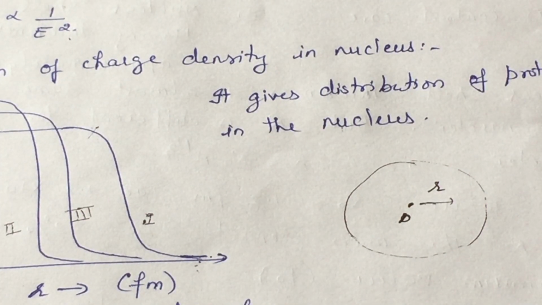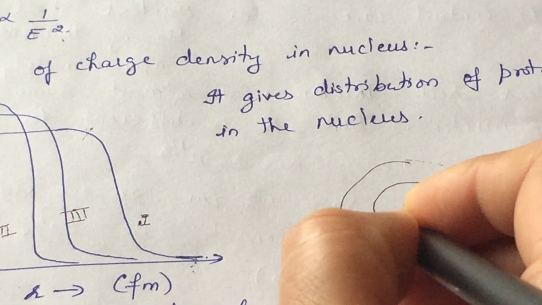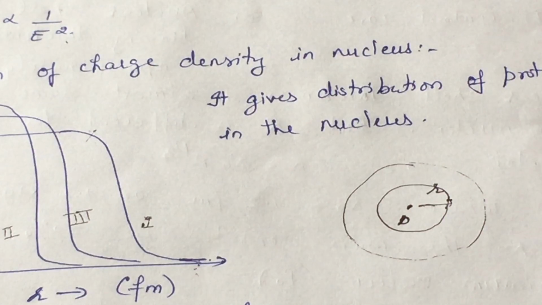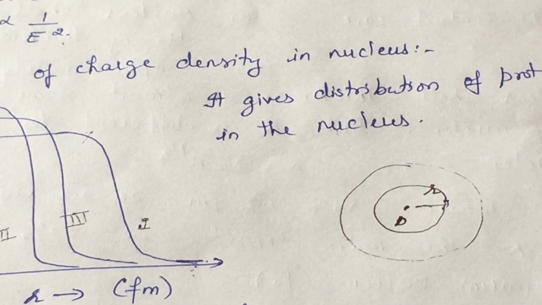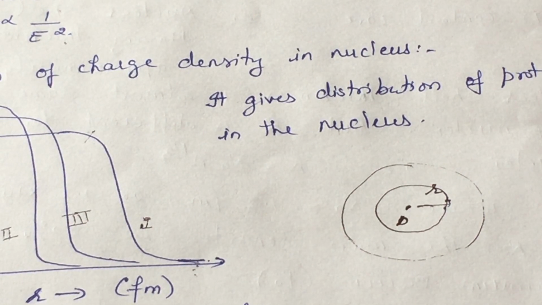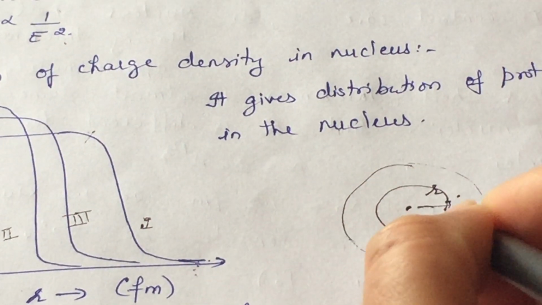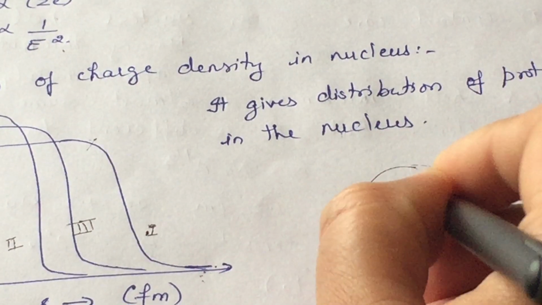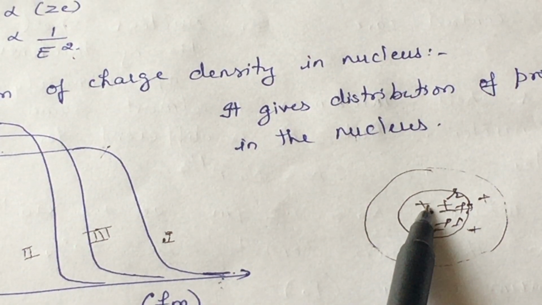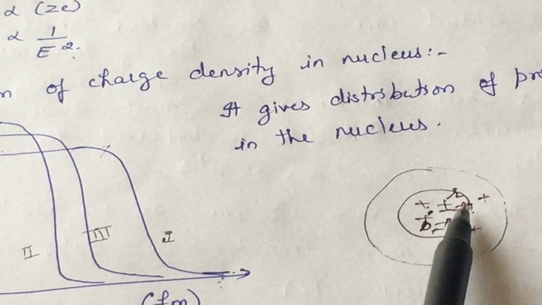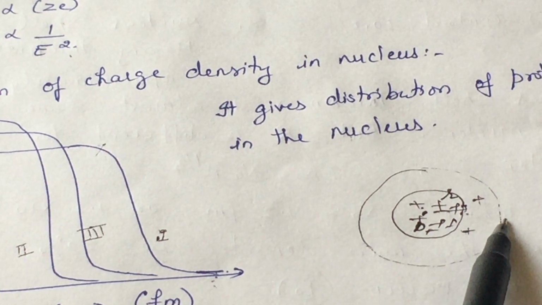In the first element, the heavy element, the charge density remains constant for this distance, let us call it r. It means there is a uniform distribution of protons in this space. After that, the number of protons, the positively charged particles, gradually decreases. Here the positive charge particles are in large number, and from this distance to this it goes on decreasing.